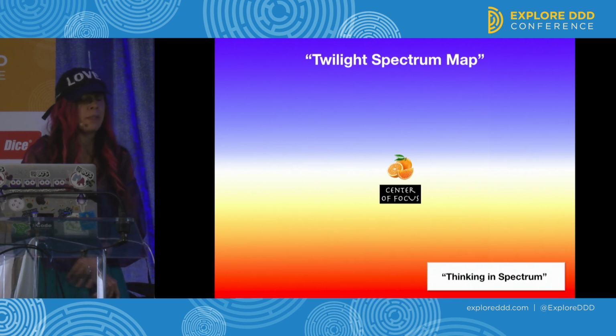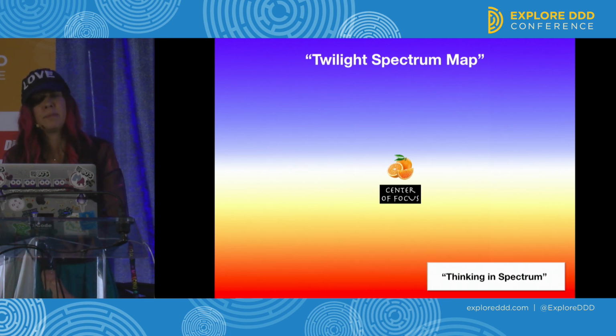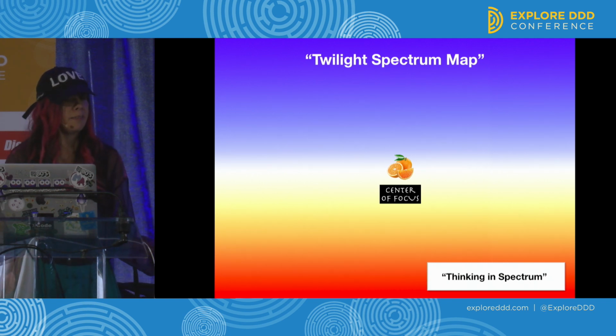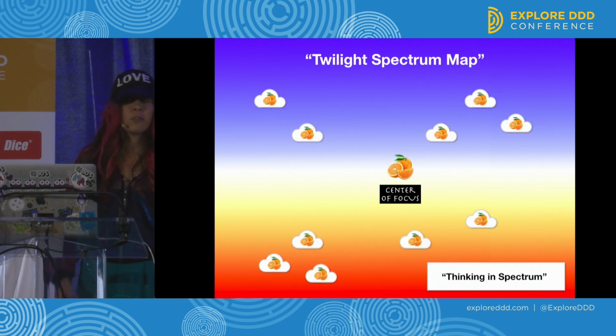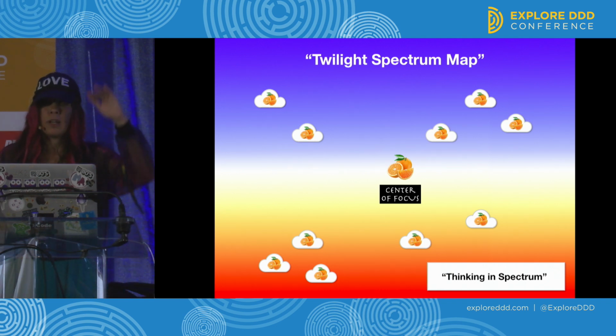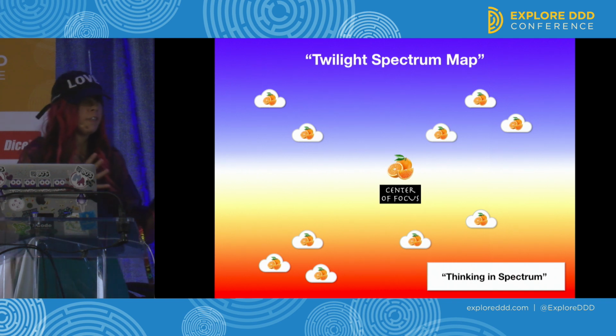And when I started thinking about these thoughts mapped in space, I found this really helpful way to represent this information. So we think in spectrum, think in terms of these Twilight Spectrum maps. You can take your center of focus, whatever that is, put it in the center of the map, and then all the things you're talking about in conversation, you can map them in terms of frequency and then adjacency in space.